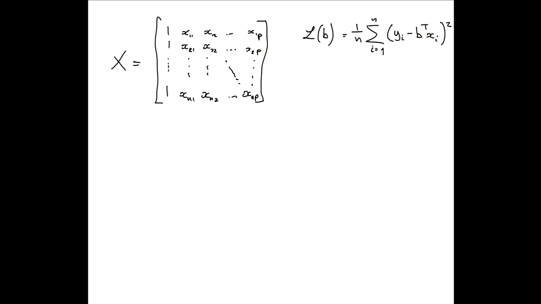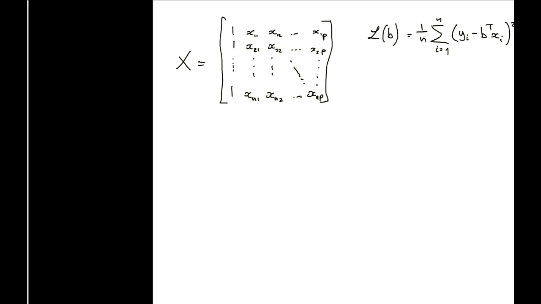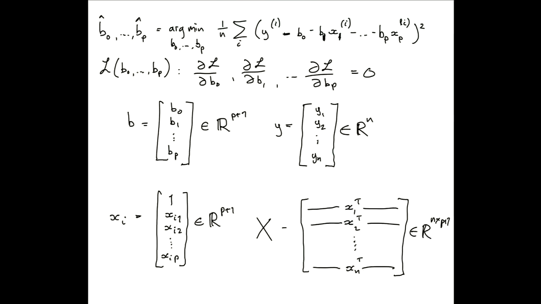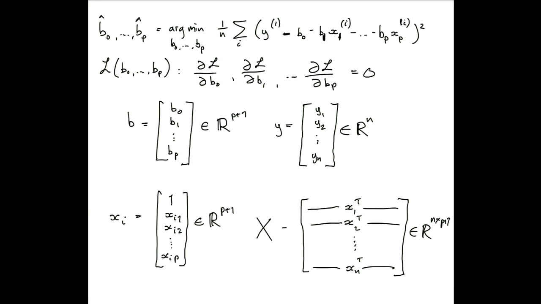Now, why is this okay? Well, if I have my B vector here, and I have an xi here, an example, if I take these two vectors, this thing here is called the dot product, or the inner product.